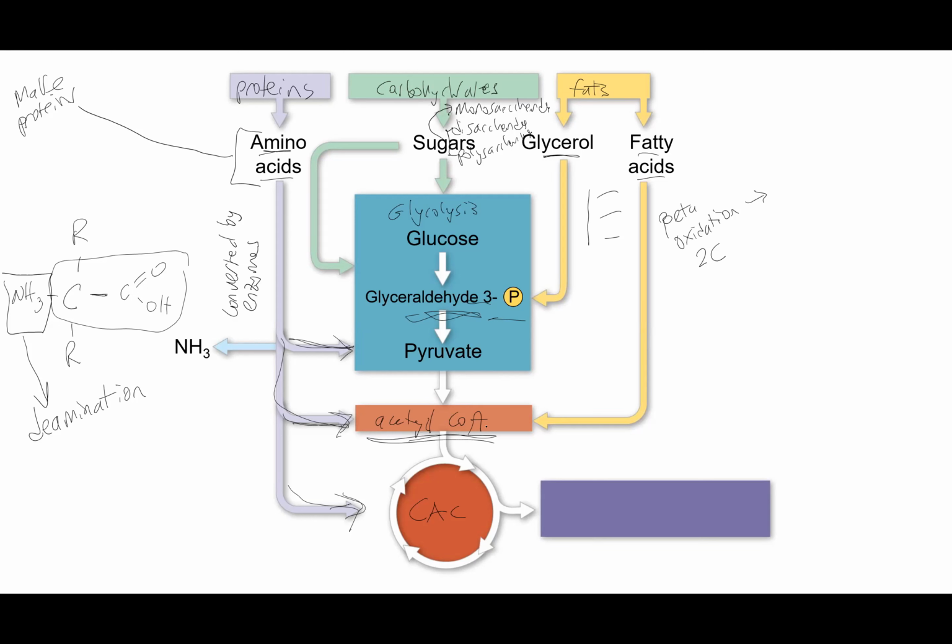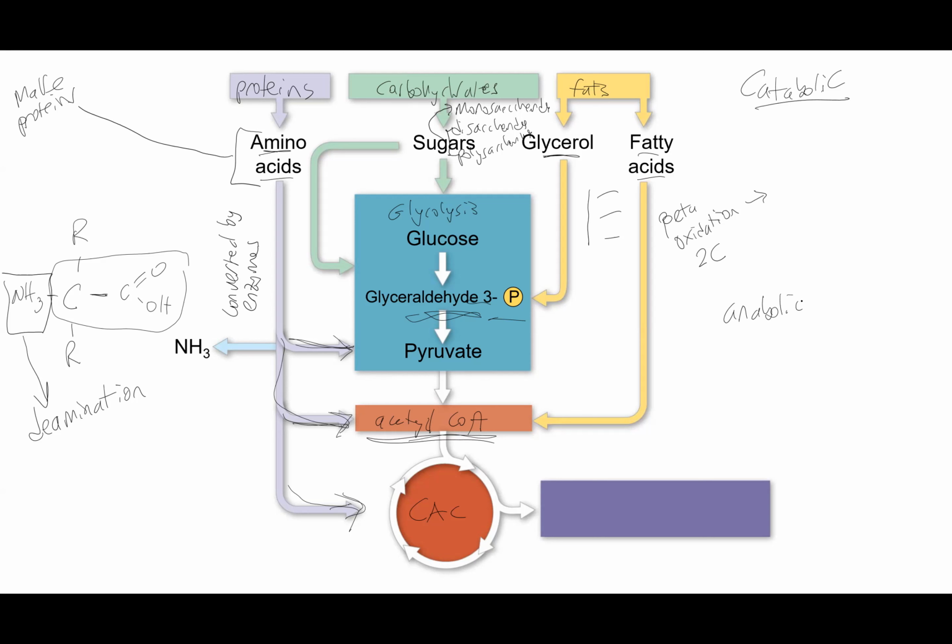All of these are what kind of process? Catabolic or anabolic? All of these are talking about breaking things down. So all of these are catabolic processes. Some of these raw materials are not used for catabolic processes like energy making. Some of these are also diverted for anabolic processes.